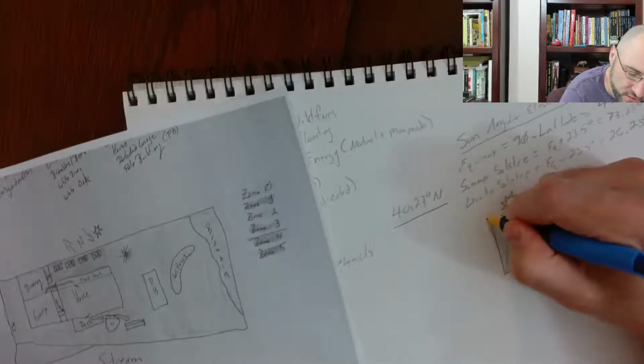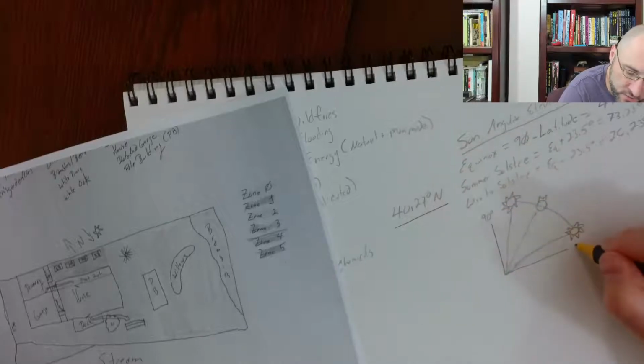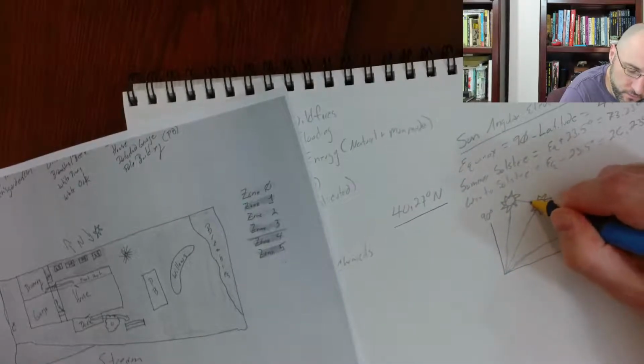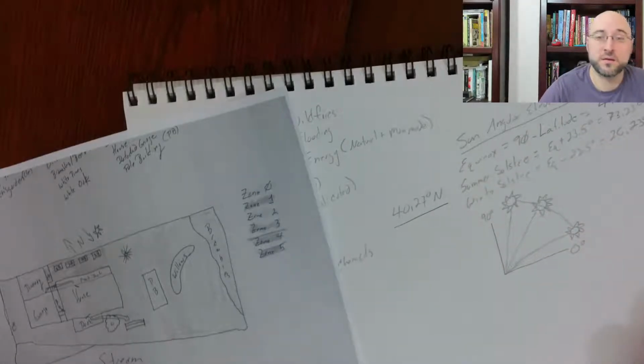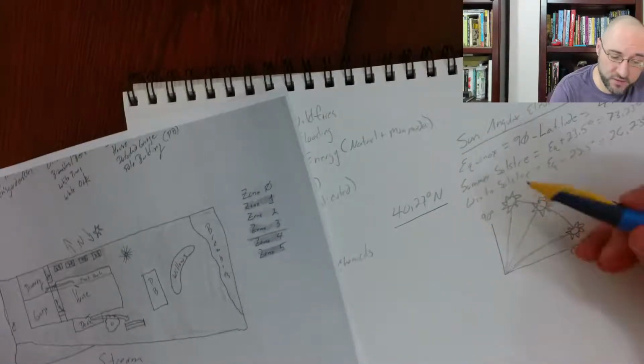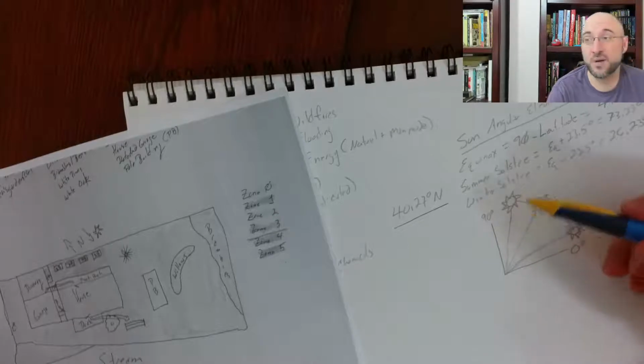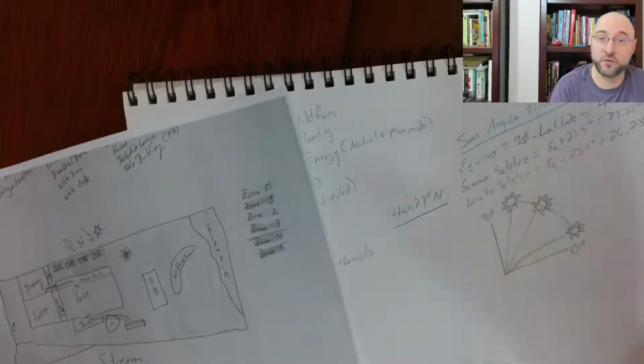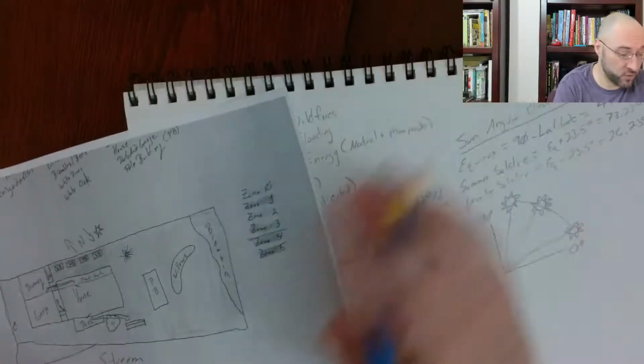If this is directly overhead, we're 90 degrees, and then we've got our 0 over here. And so, of course, the sun will never be completely directly overhead throughout the year, but rather will rise up at an angle over the property.